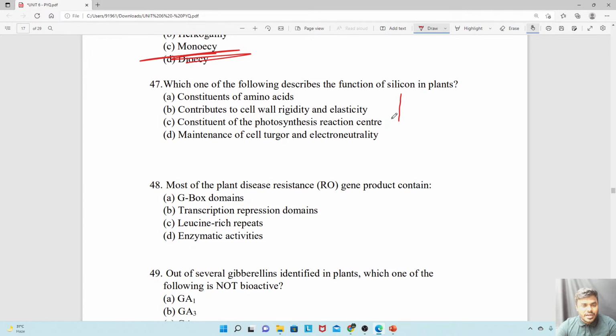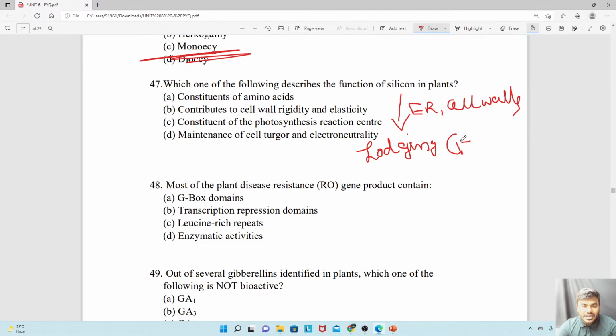All the students listen. First of all, where silicon is present, it is deposited in the ER and in the cell walls also. Friends, if there is no deposition of silicon, the plant will undergo a process called lodging. What do you mean by lodging? Lodging means, friends, fall off.